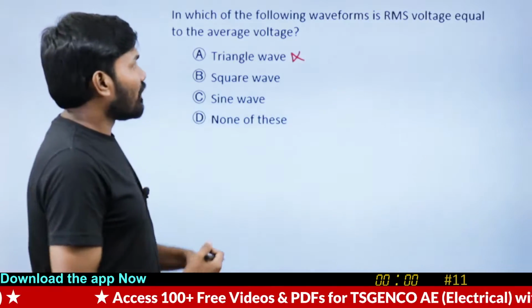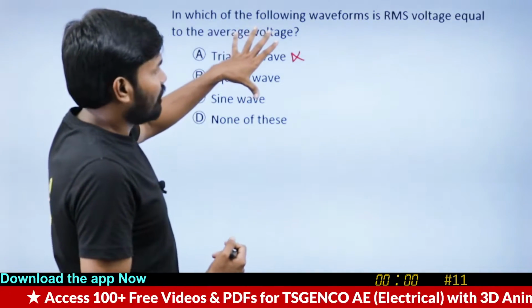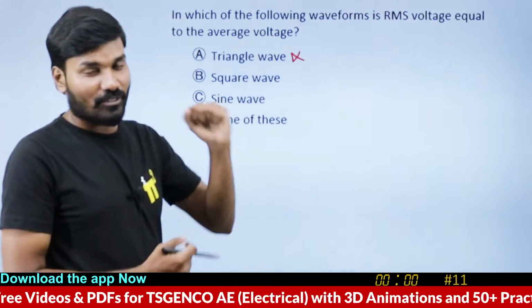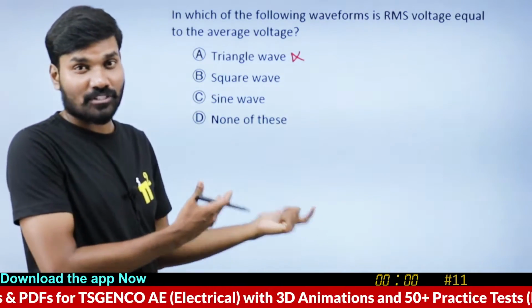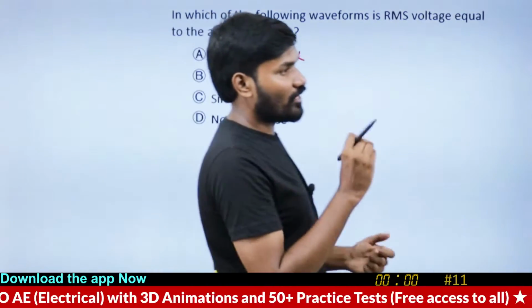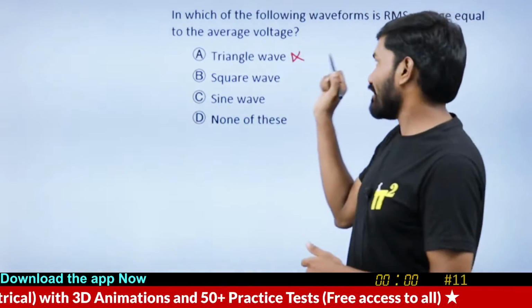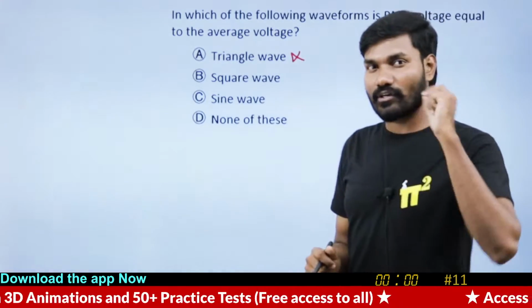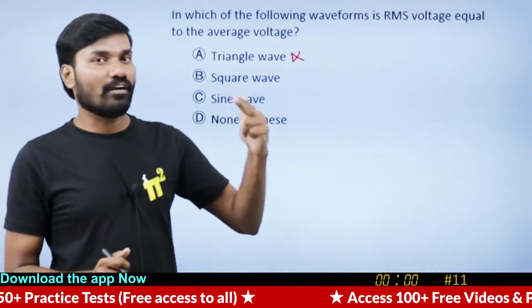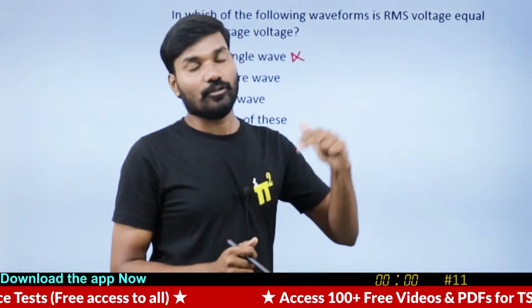But when you look at a question, you should not go for none of the above. Because this is a PYQ, previous year question, you should be thoughtful in putting your answer as well. When they said average value, you should not strictly take average value, you should take full wave rectified value.